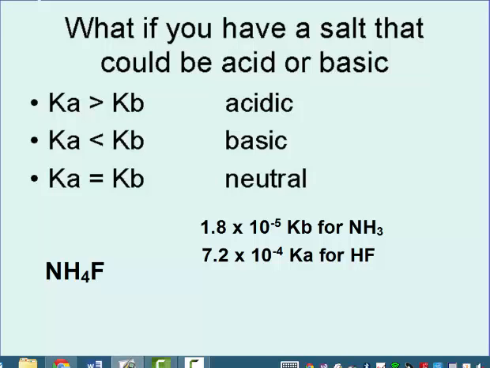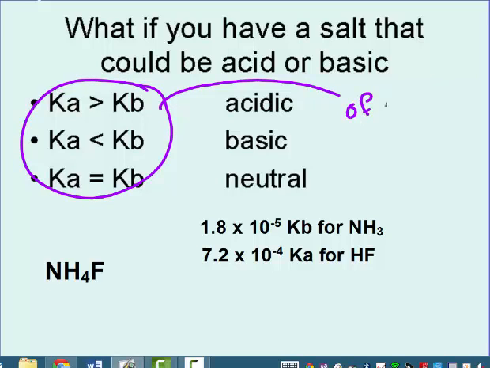If your Ka equals the Kb, then it's neutral. And those are of the conjugates. So those are the Kb's and Ka's of the conjugates, because those are what's actually reacting.